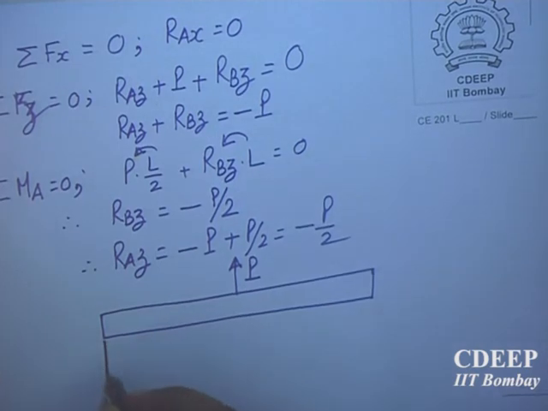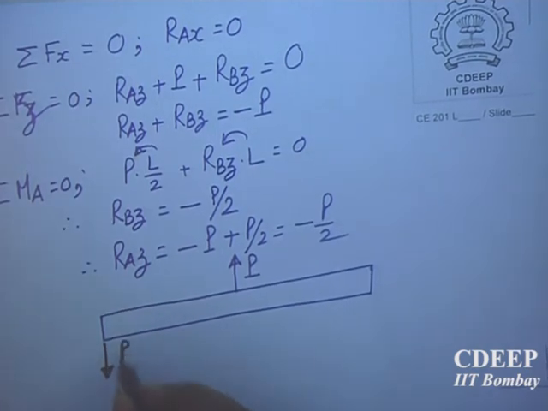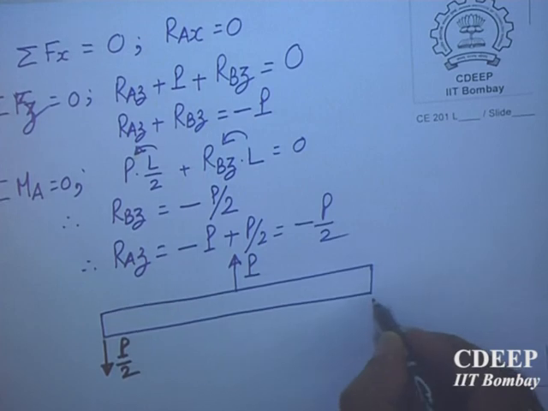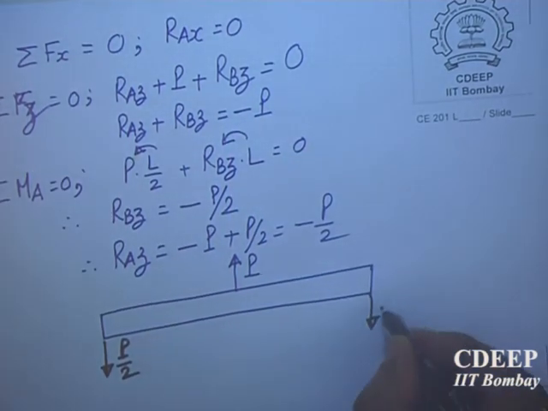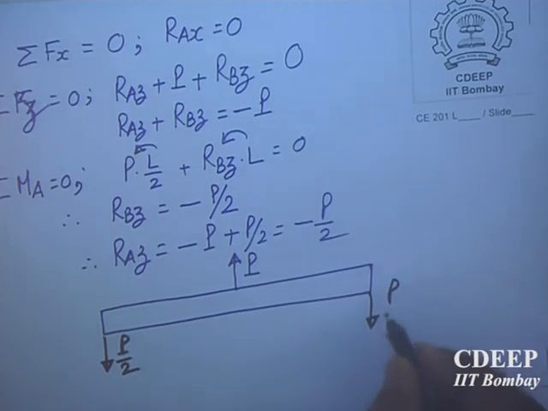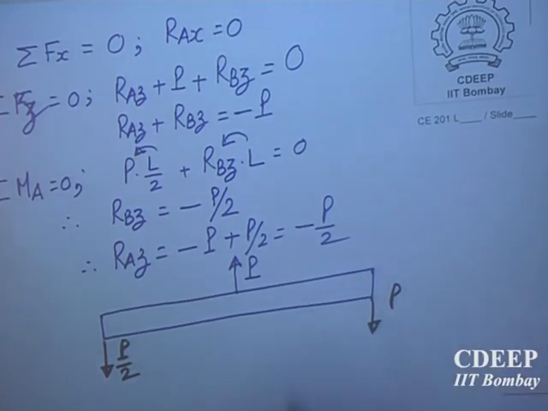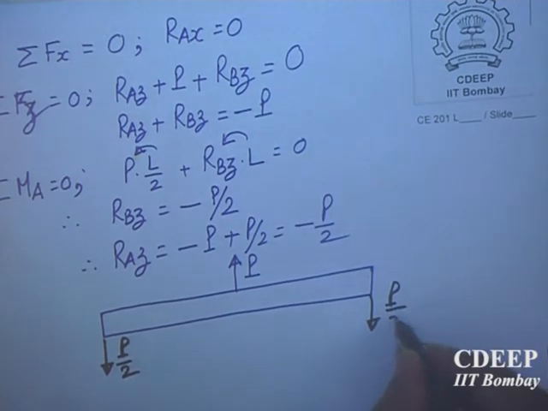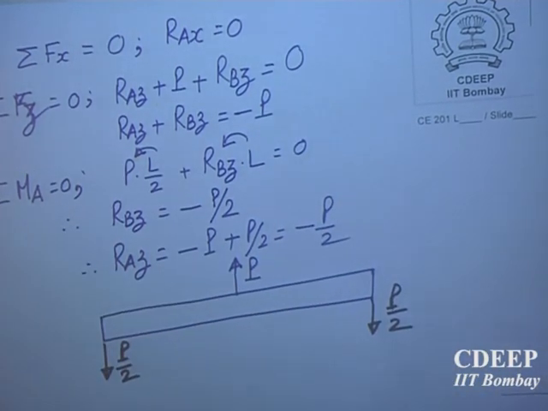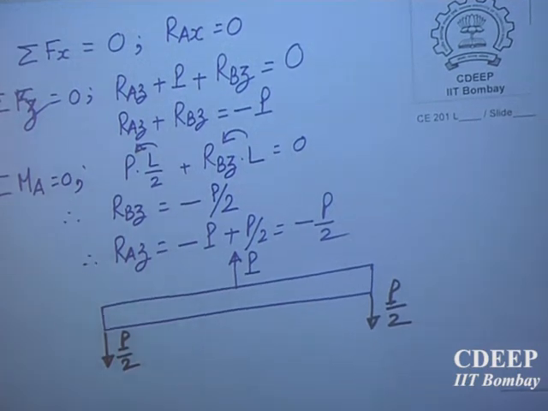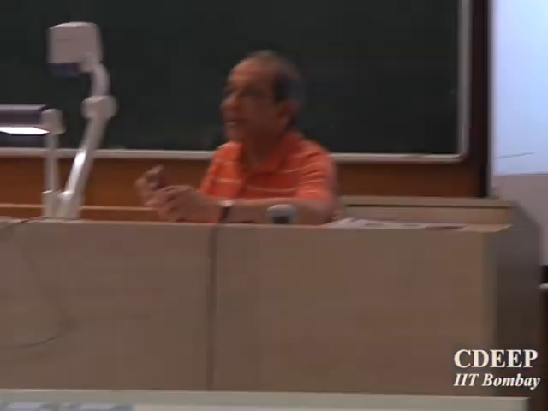Now this one here is like this, P by 2, and this also is negative. Negative means opposite to the sign of whatever you have assumed. You have assumed upward. Now this is in a state of equilibrium. Okay? Alright?